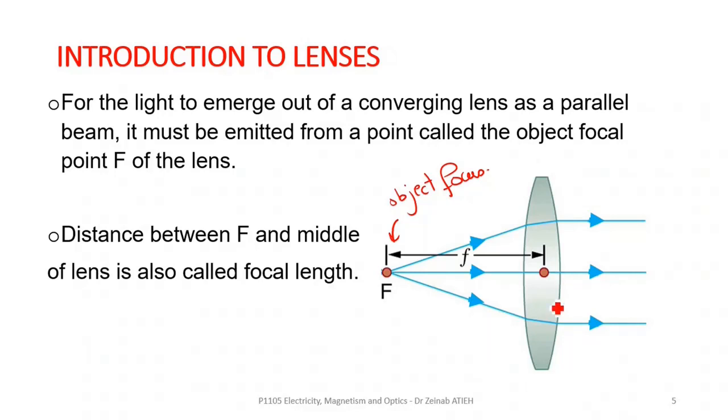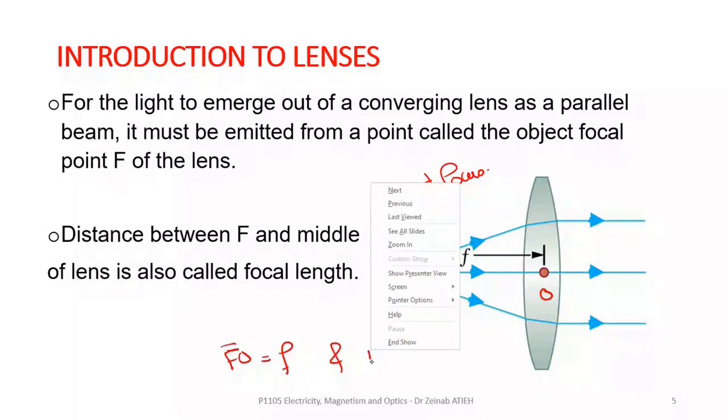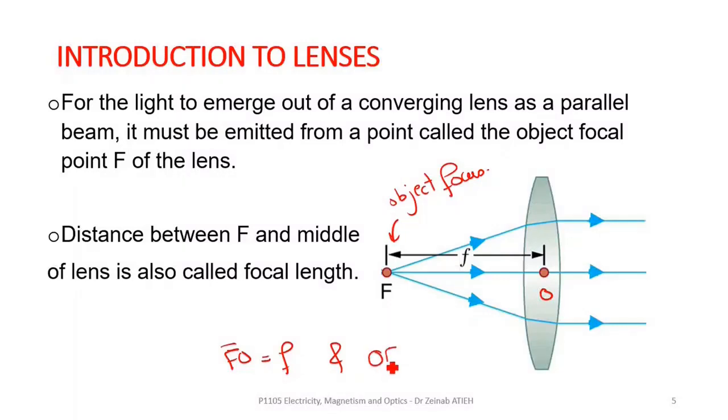So also, the distance from F to O is called the focal length. So up till now we can see that FO is equal to f, and OF prime is also equal to f, and both focal lengths are equal.